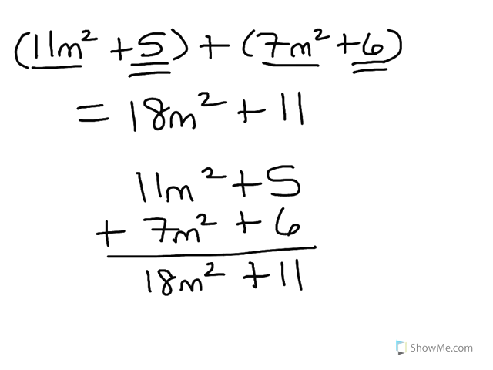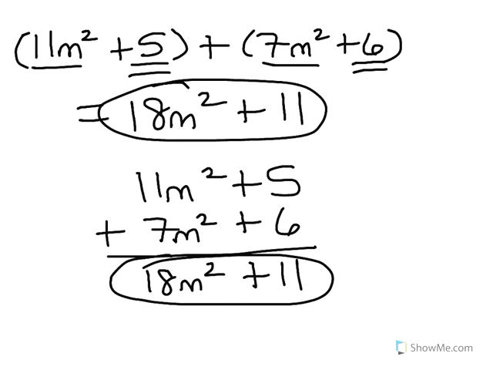No need to worry about carrying or borrowing in this situation. This is not a true place value situation. Notice that in either case, the answer was 18m squared plus 11. It doesn't matter so much which one you use for a problem like this one, but as you'll see in some of the more complicated examples, it may make a difference.